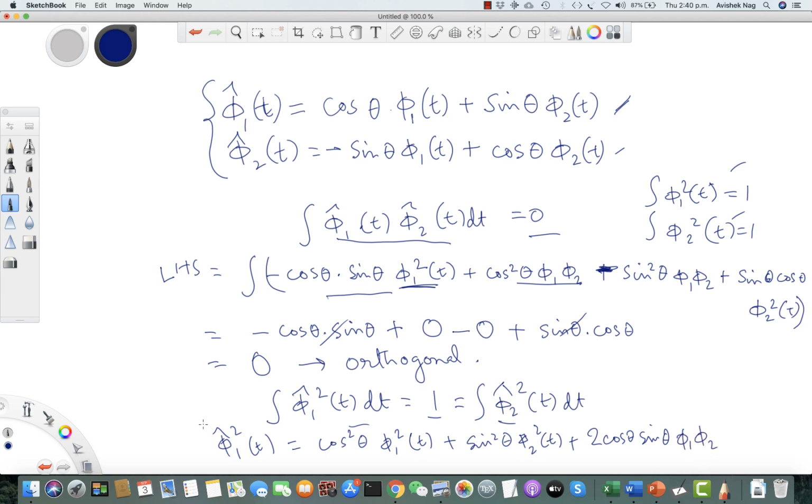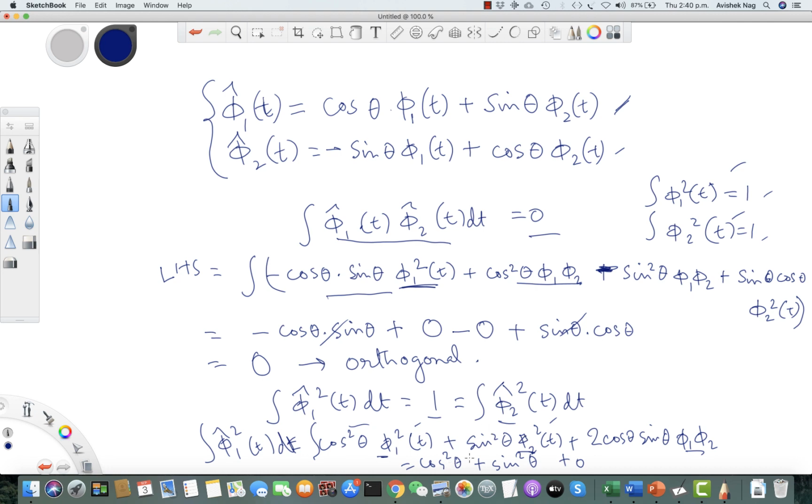So now if you take the integral of this with respect to t, then this term will give you cosine square theta, this term will give you sine square theta, because these two integrals will be 1 because of this property, and this term will give you 0.